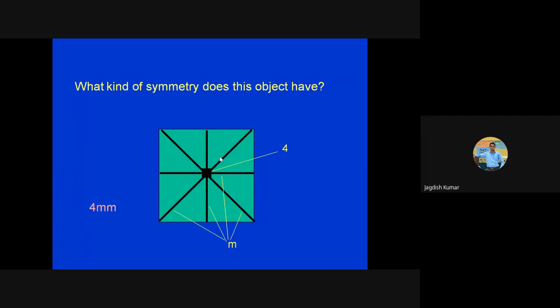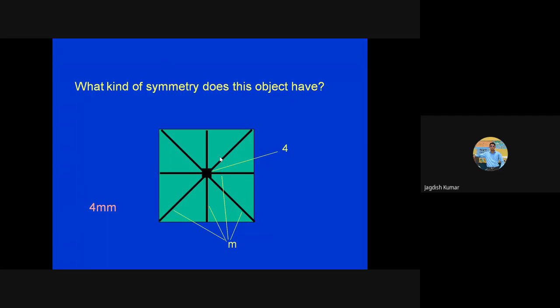That is how we represent the symmetry operations for a square with the symbol 4mm. So 4 means it has a four-fold axis of symmetry. M means it has a mirror plane, and m is coming 2 times. What it means is that there are 2 different types of mirror planes which exist as part of the reflection symmetry in a square.